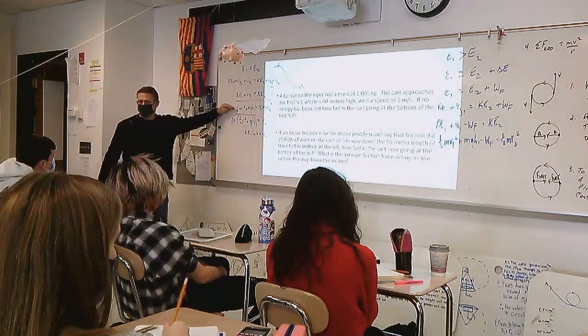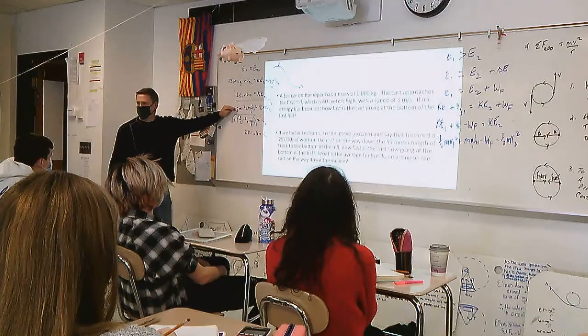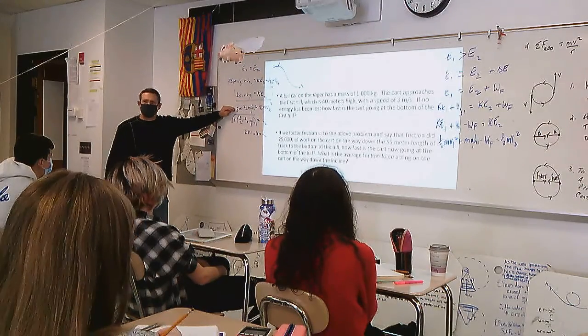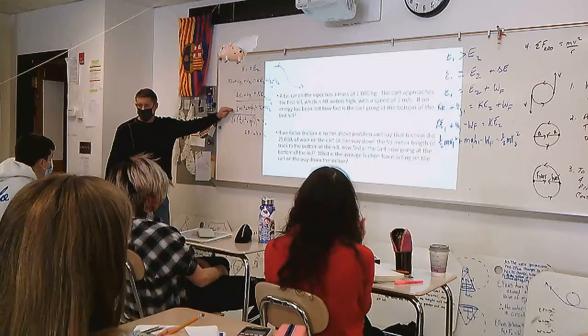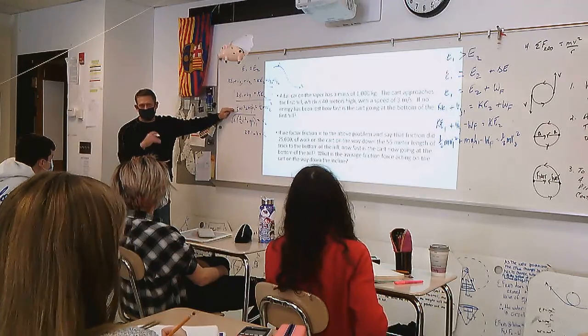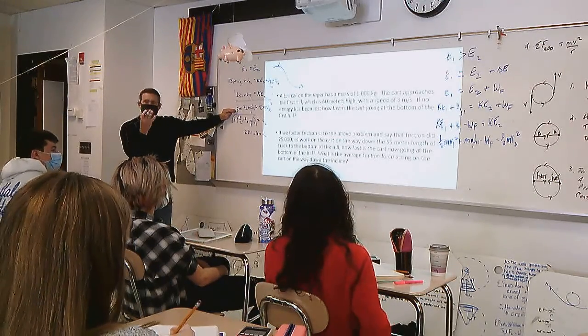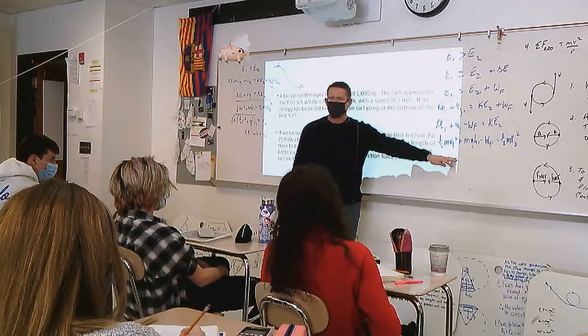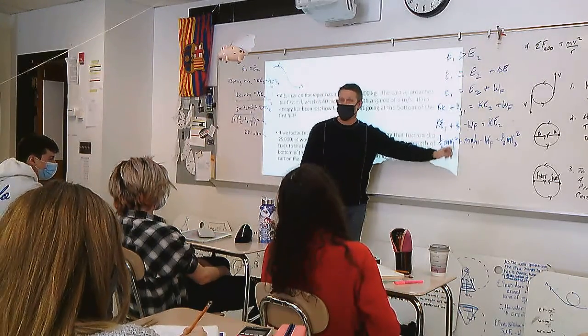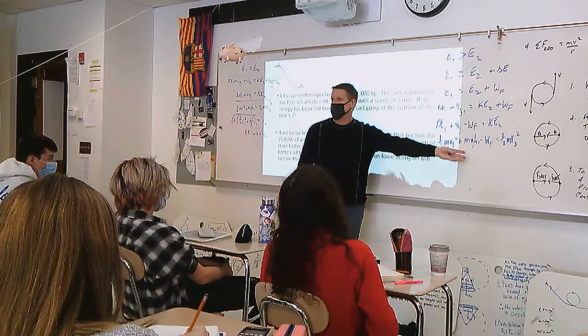That's basically the same stuff as this thing right here. What was that next algebraic step right here? To get rid of what? The m's. And why can we get rid of the m's, Lauren? Every term had an m. Can we get rid of the m's here? What doesn't have an m? The work done by friction.